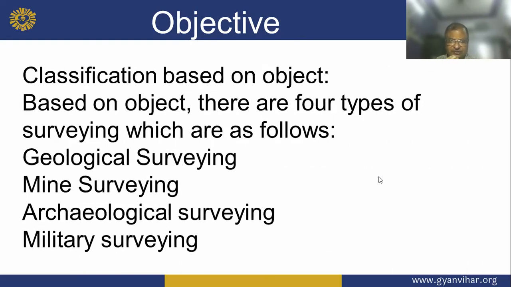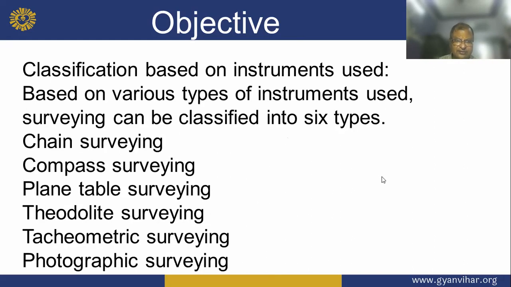Classification based on object. Based on object, there are four types of surveying, which are as follows: marine surveying, archaeological surveying, military surveying, and so on. After that, classification based on instrument used.